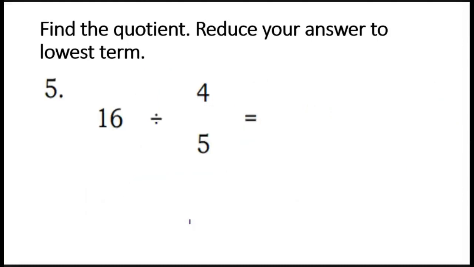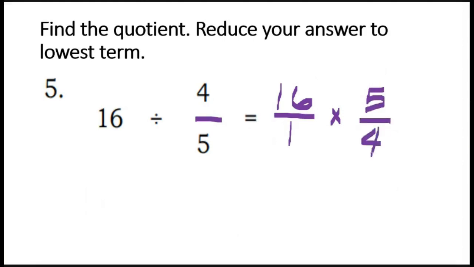Next, last example. Okay, so 16 over 1 times the reciprocal of 4/5, which is 5 over 4. So 16 times 5, that is 80.